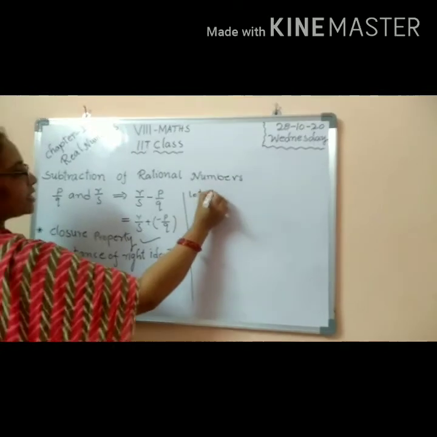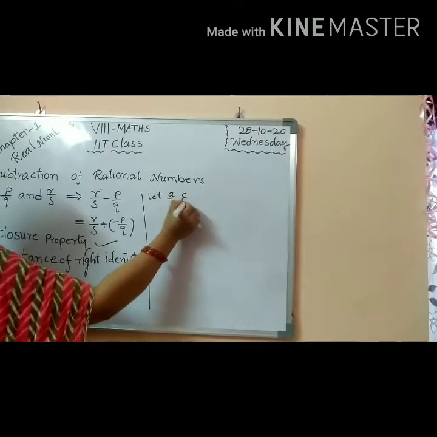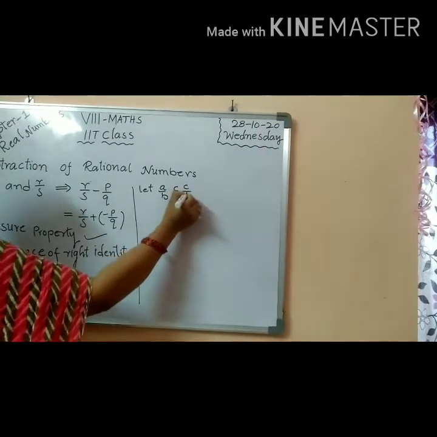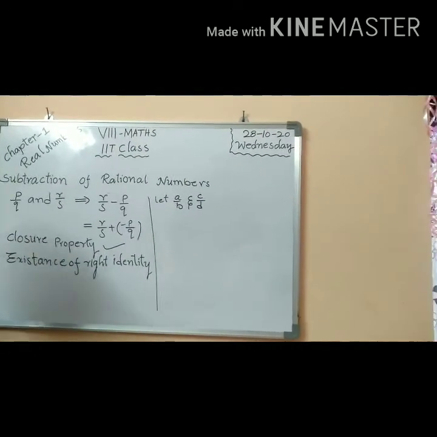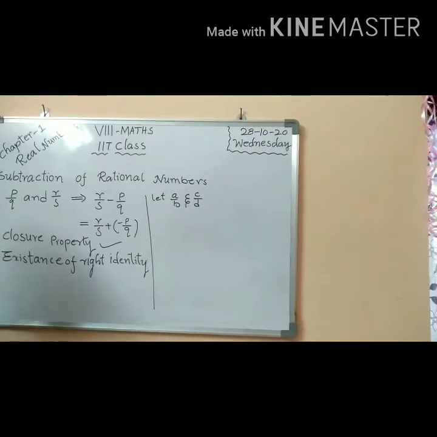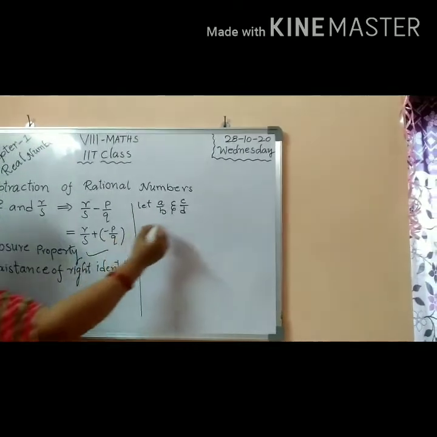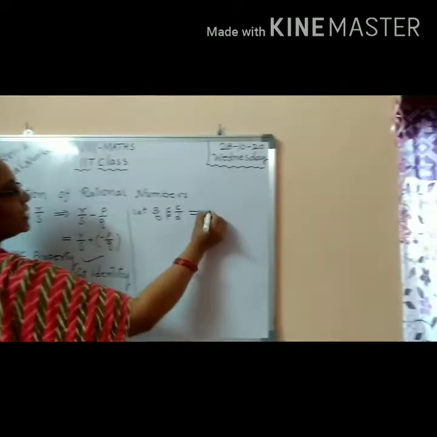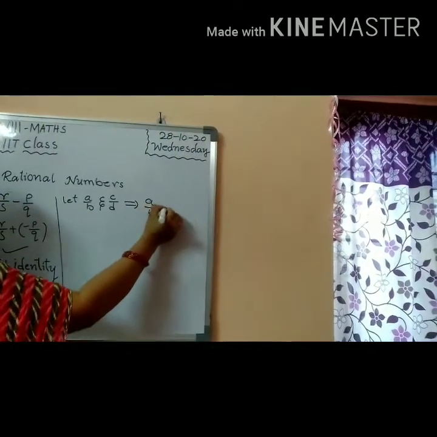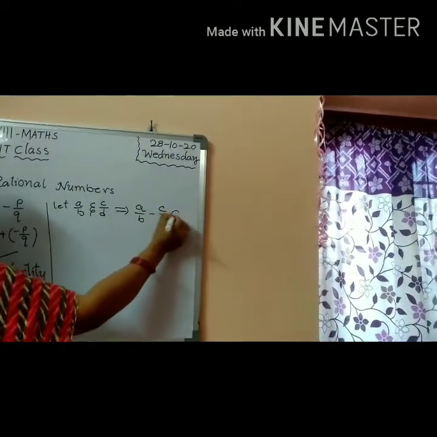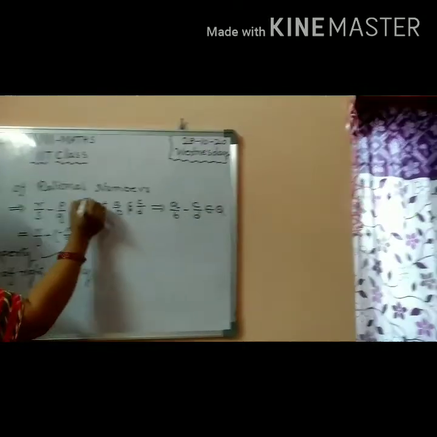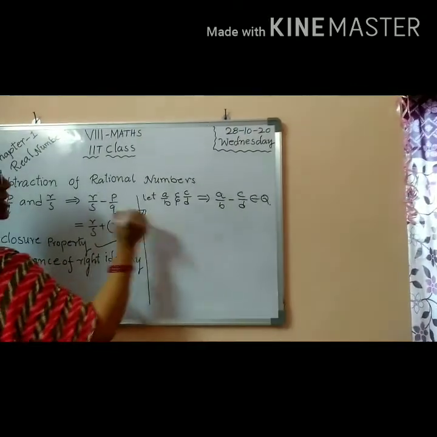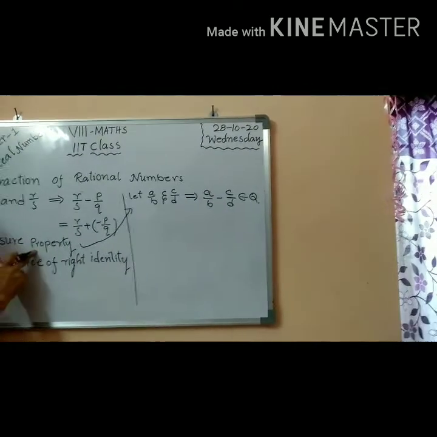Let a by b and c by d be two rational numbers such that a by b minus c by d is also a rational number. Did you understand? This is the closure property under subtraction.